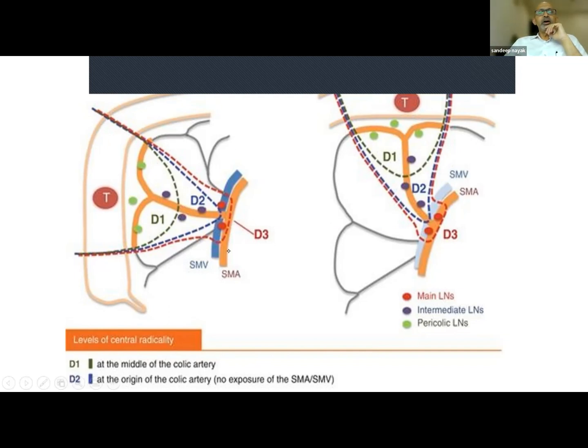So what is the concept of D3? When we talk about D3, we are looking at extending the lymph node dissection beyond the standard D2. I'll define it further, but the whole intention why this was defined by the Japanese is to reduce the length of resection of the colon and restrict the longitudinal size of the specimen and make it more horizontal, in the sense to include more lymph nodes, representative lymph nodes, and reduce the length of resection along the colon.